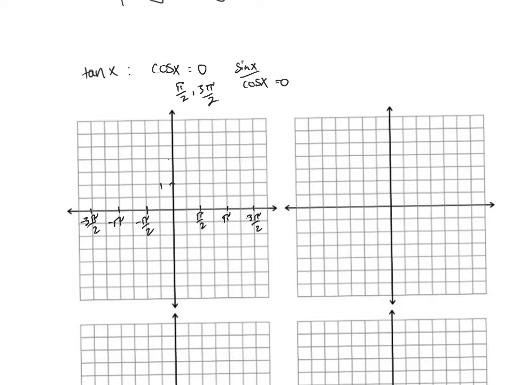We'll go 1, 2, 3, negative 1, negative 2, negative 3. So our asymptotes are at pi over 2, so I'll just draw an asymptote there, 3 pi over 2, like so.